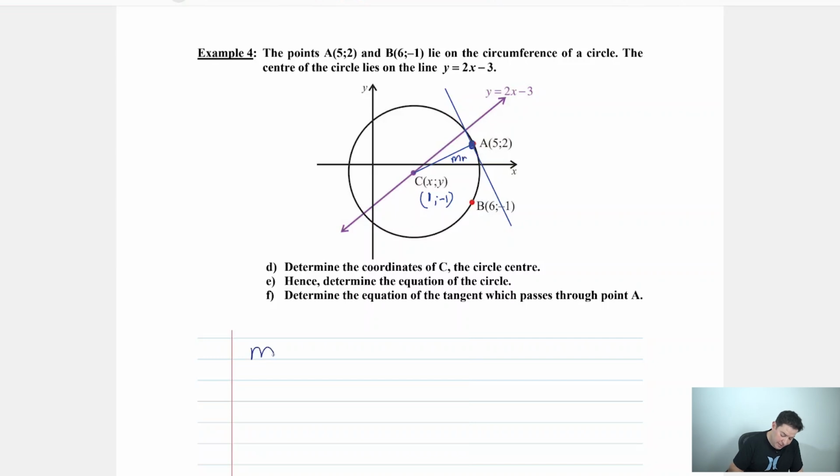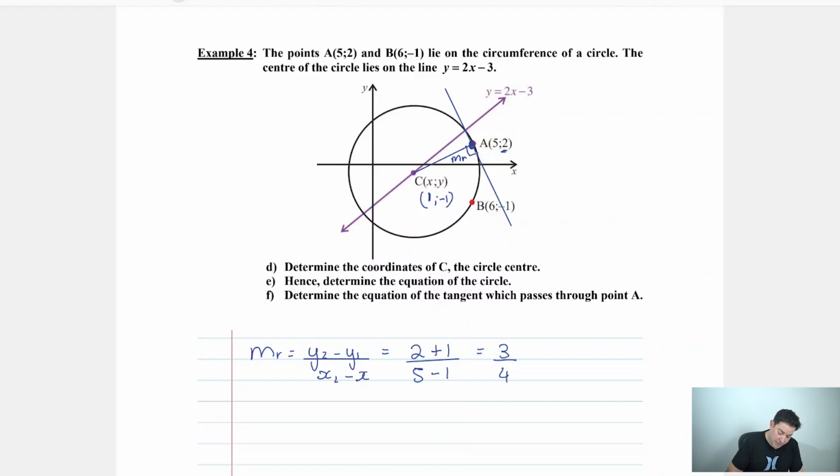So we know the gradient of our radius is y2 minus y1 all over x2 minus x1. So that's going to be 2 minus minus 1, so 2 plus 1, all over 5 minus 1, and that is equal to 3 over 4.